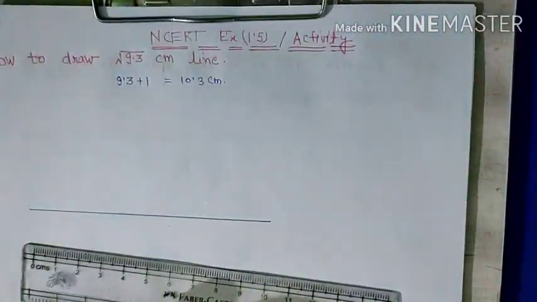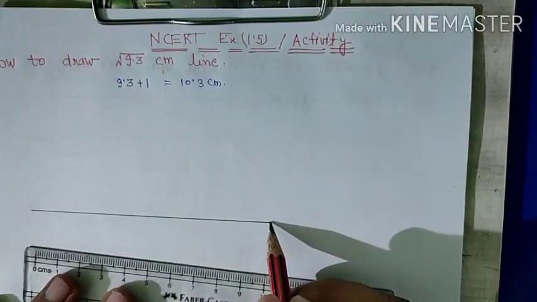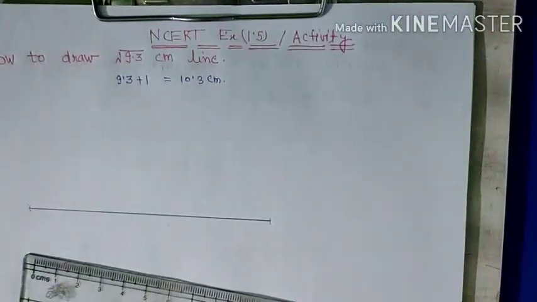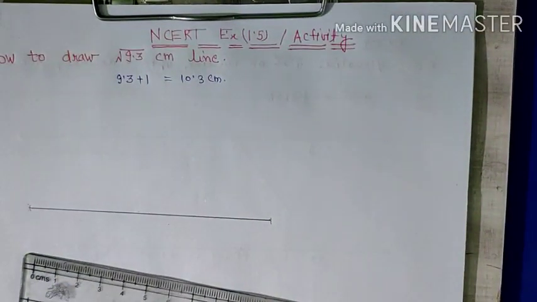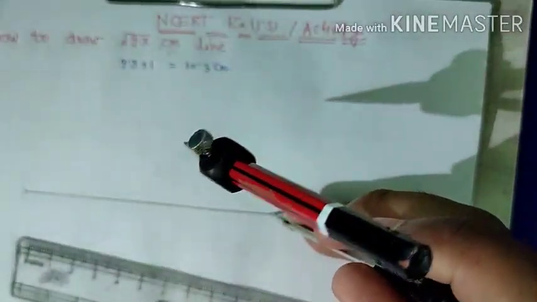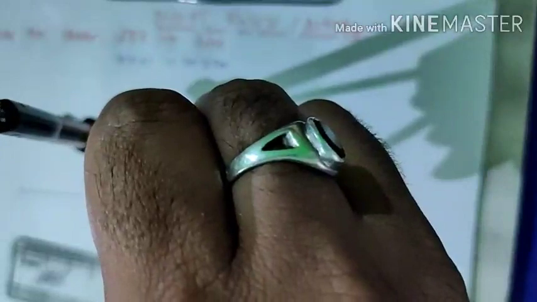Now what we will do, we will find the bisector of this line. Just more than this, we'll make arcs.